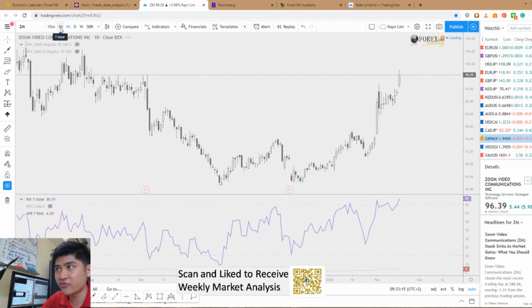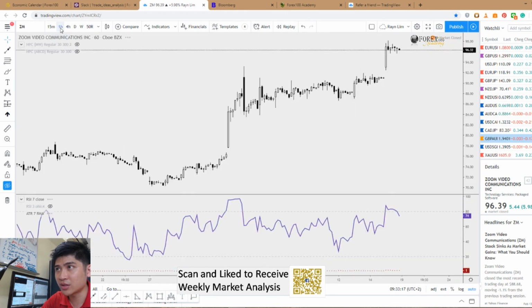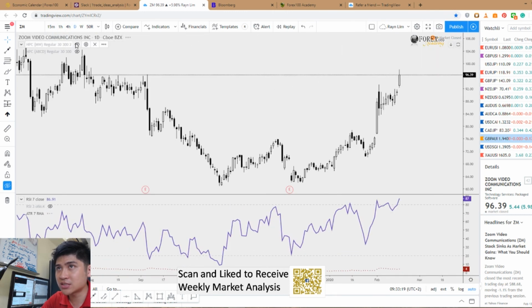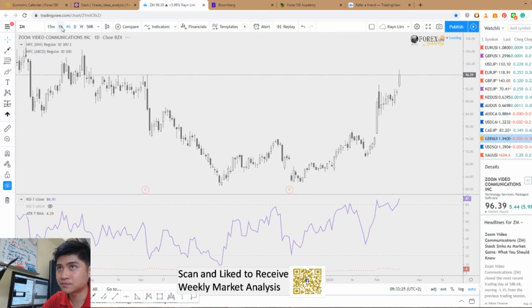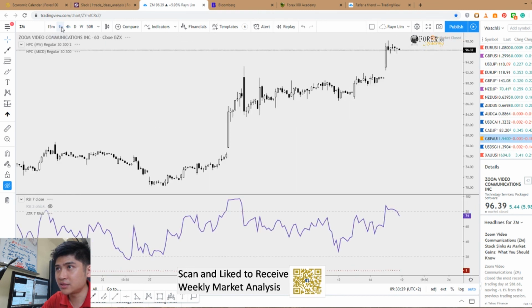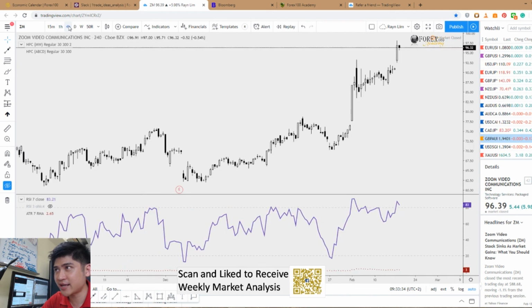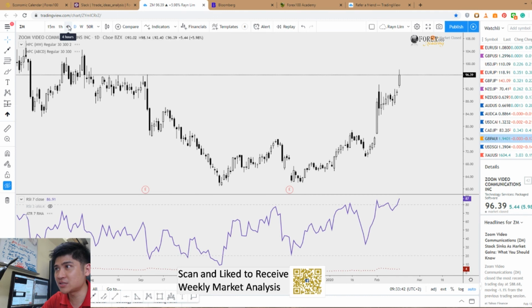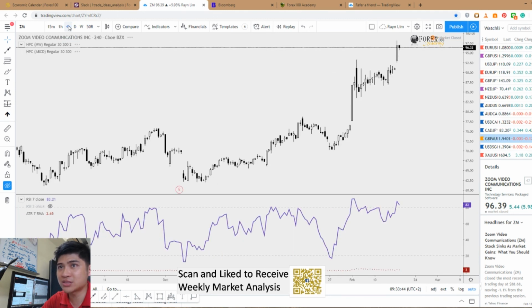Right, down to the 4-hour chart. 1-hour chart, bullish. So let's see if we can have any trade setup over here. Nothing. Alright, don't be sad. So these are things that you can start to think about.